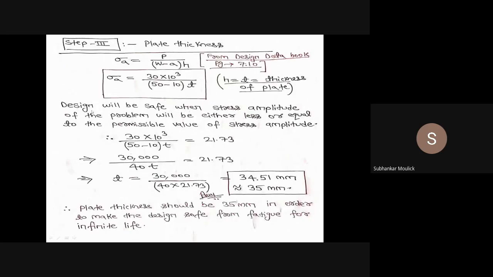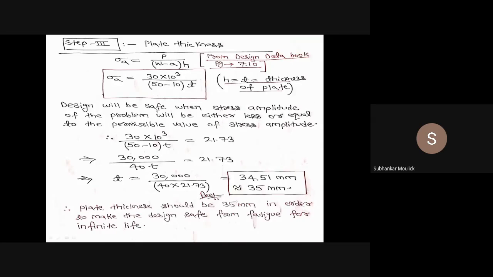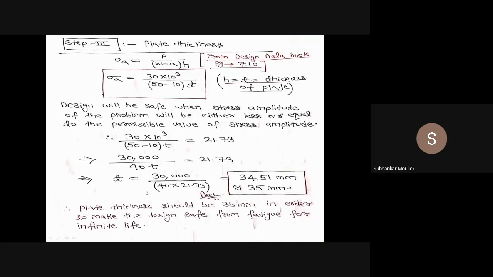So sigma A is 30 into 10 to the power 3 by 50 minus 10, that is 40 into T. Now this amplitude stress value due to stress concentration should be either less than or equal to the amplitude stress value due to fatigue. So just equate these two, this equation equal to 21.73. If you solve it, you will get the thickness of the plate, and that thickness is 34.51 mm, so near about equal to 35 mm.